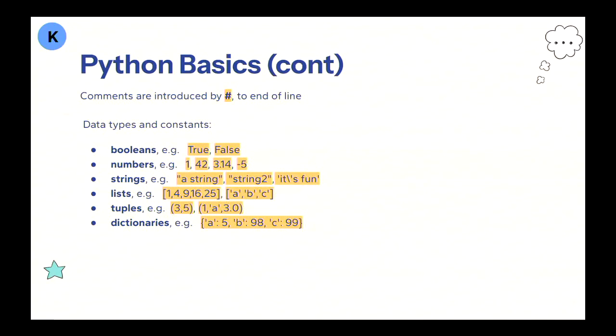You can consider a dictionary as a collection of key-value pairs. And value assignment in Python is via the equal sign, which is used in many other programming languages as well.